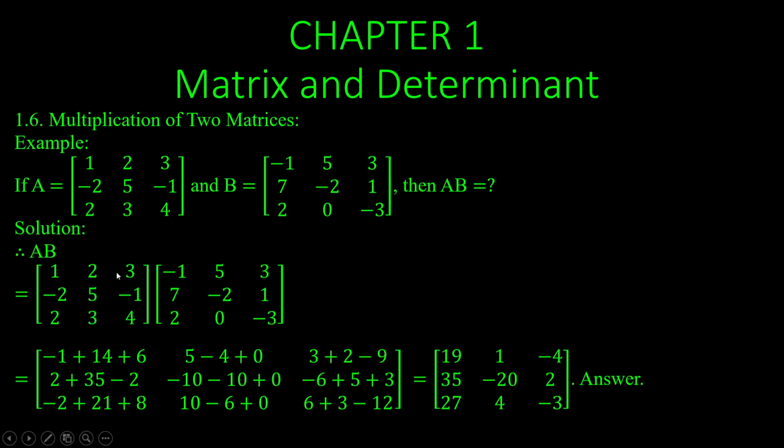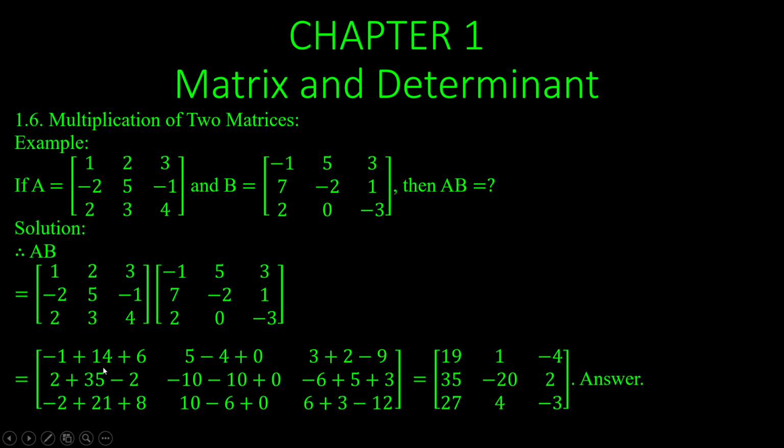Then we get 1 and 3, 3, 2 and 1, plus 2, 3 and minus 3 is minus 9, minus 2 and 3 is minus 6, 5 and 1 plus 5, minus 1 and minus 3 is plus 3, 2 and 3, 6, 3 and 1 plus 3, 4 and minus 3, minus 12.